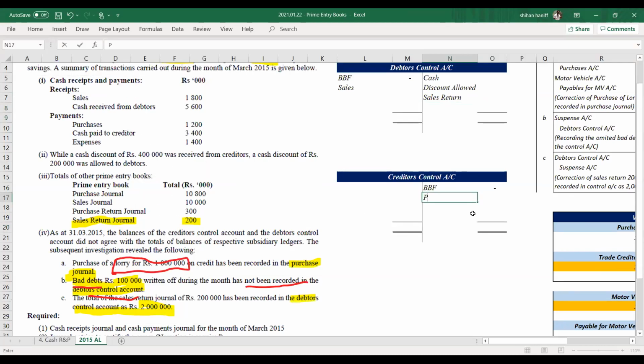In the creditors control account, we have purchases, cash, discount received, purchases return, and the balance.